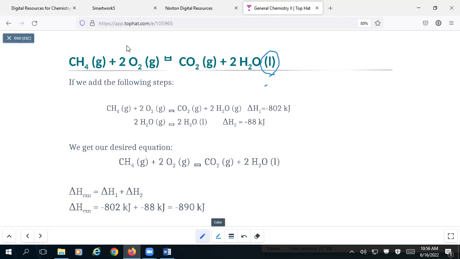So the enthalpy of combustion for methane is -802 kilojoules per mole. The heat of vaporization is negative 88.